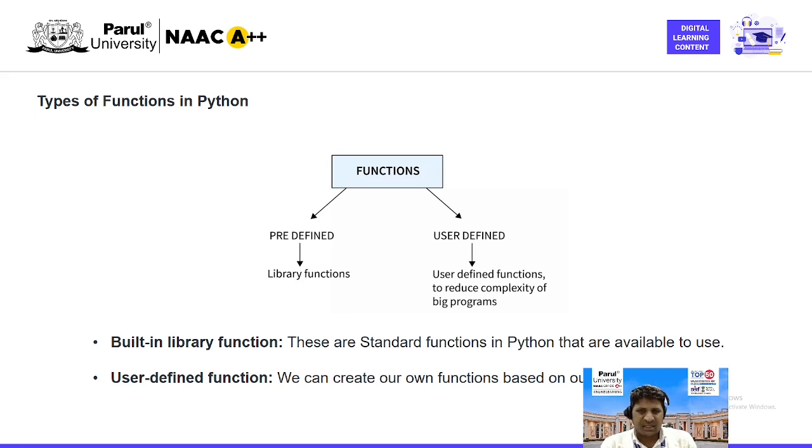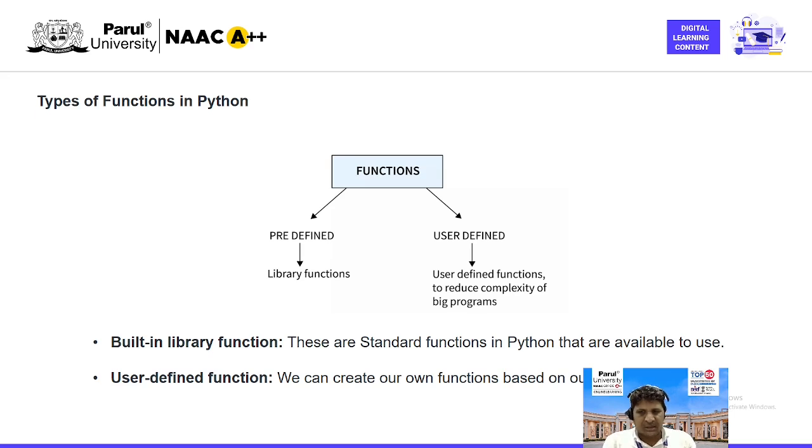The first category is predefined functions, also known as library functions, and the second category is known as user defined functions. You can use user defined functions to reduce the complexity of a big program, as mentioned in the benefits of functions. Our code complexity is greatly reduced by using functions.